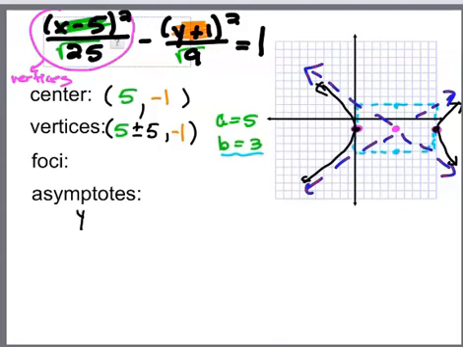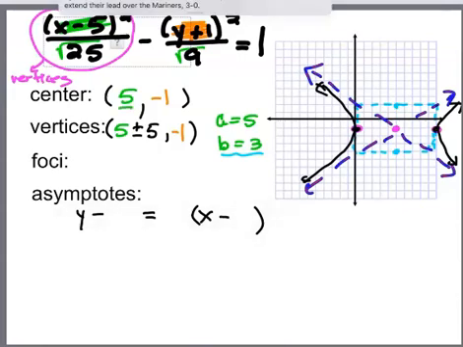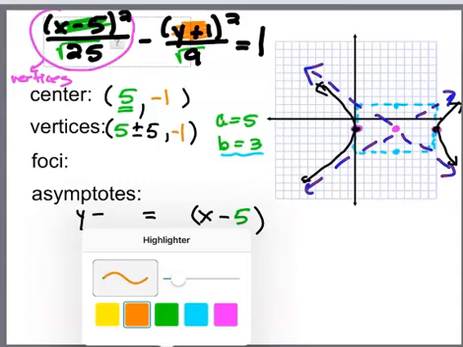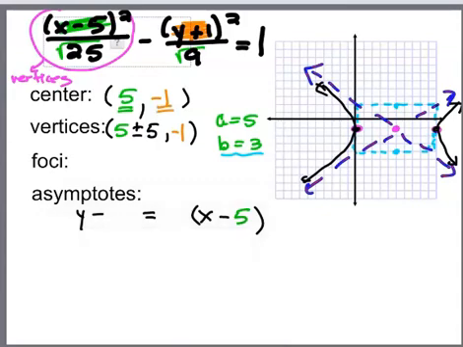So if I jump down to asymptotes, I'm going to go x minus, so remember the x value of the center is 5, and the y value of the center is negative 1. We'll clean that up after.